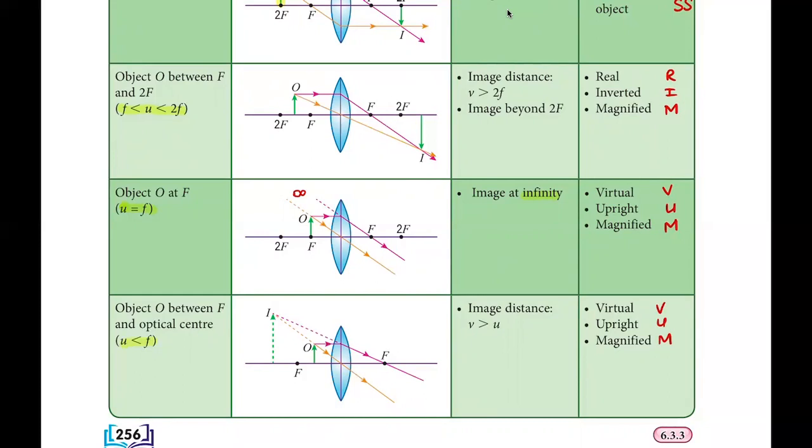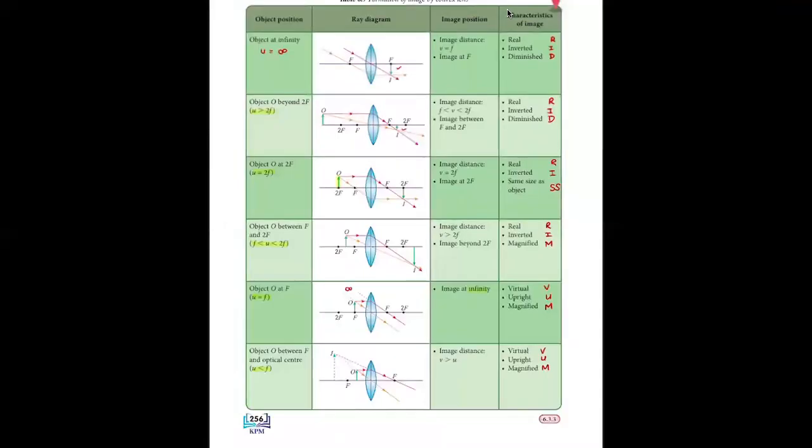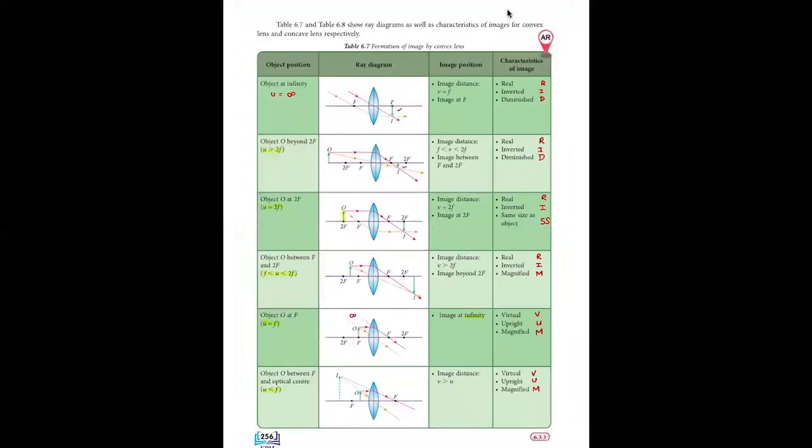An example of application for the last one is the magnifying glass, where the position of the object is nearer to the convex lens. It's like you want to magnify the ants so you can see them better. So you will place the magnifying glass nearer to the object so that you can see it clearly, and it will be magnified.